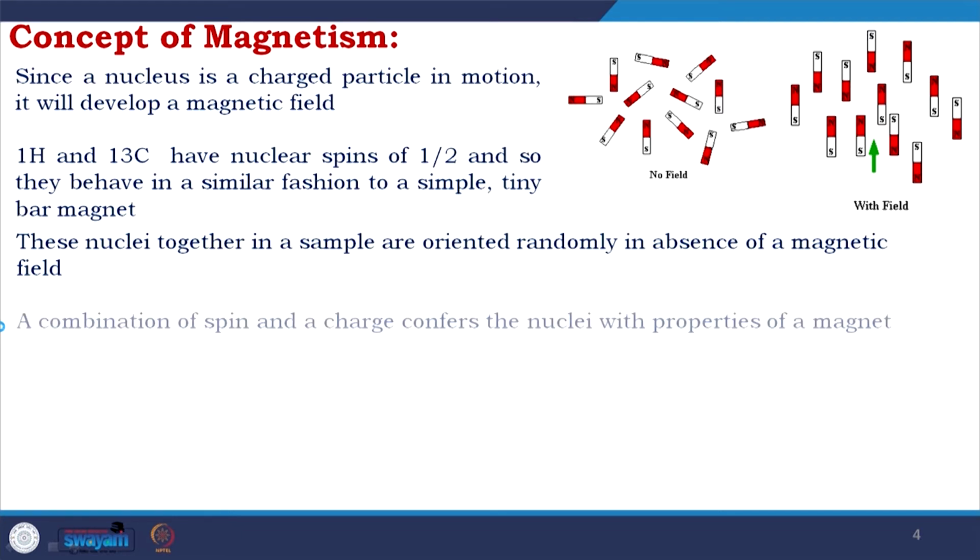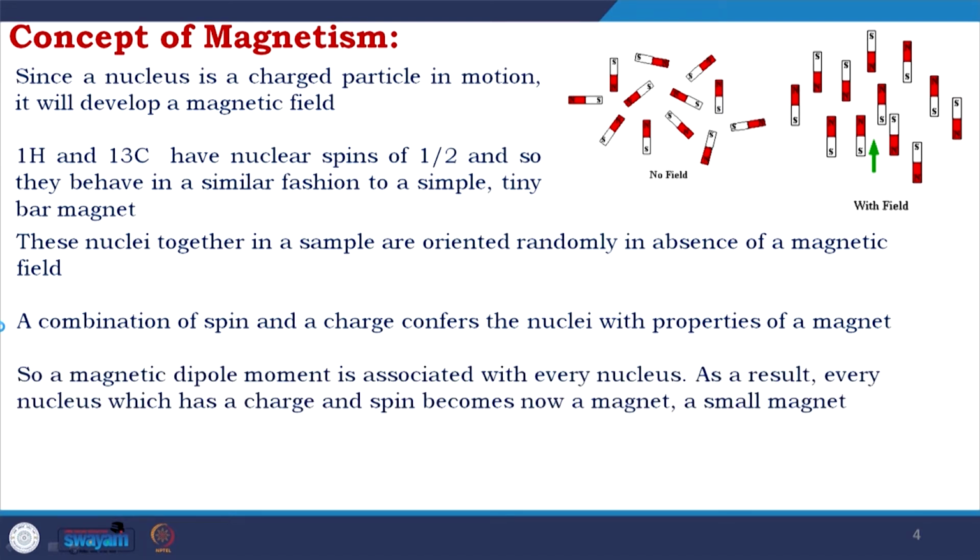A combination of spin and charge confers the nuclei with the properties of a magnet. So, a magnetic dipole moment is associated with every nucleus. As a result, every nucleus which has a charge and spin becomes a tiny magnet.